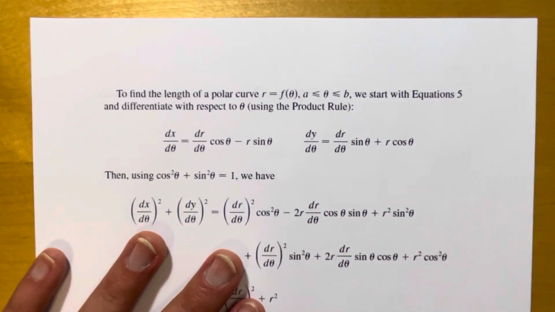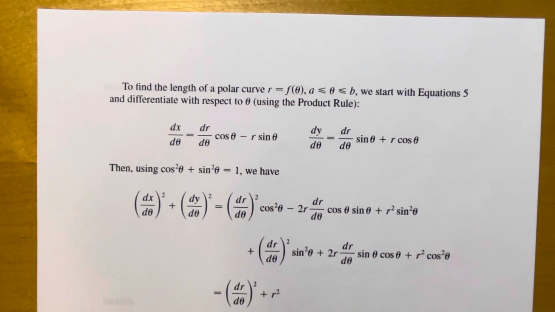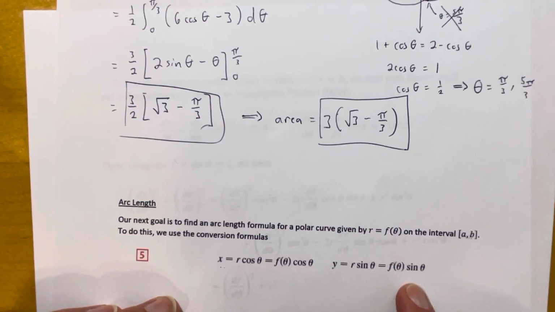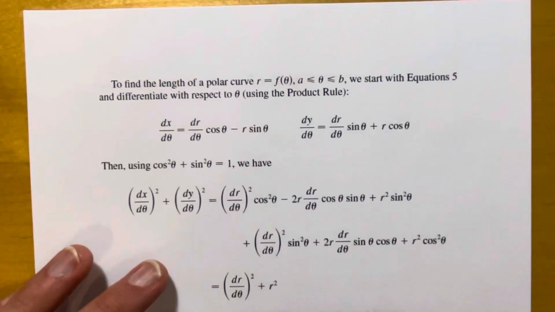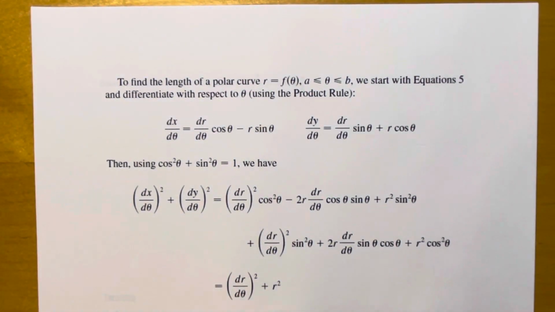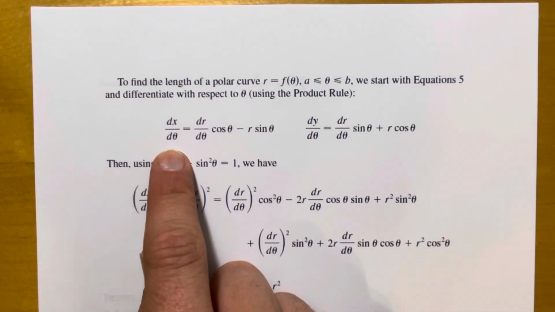So defining x and y the way that we did on the previous page, if I differentiate those, notice x and y are both given as functions of theta, but more specifically products of functions of theta, f of theta times cosine, f of theta times sine. So evaluating the derivatives of those with respect to theta would involve using the product rule. dx/d theta becomes this.